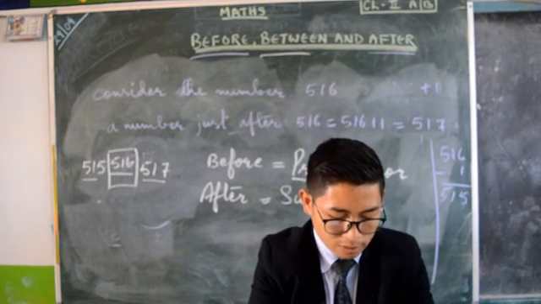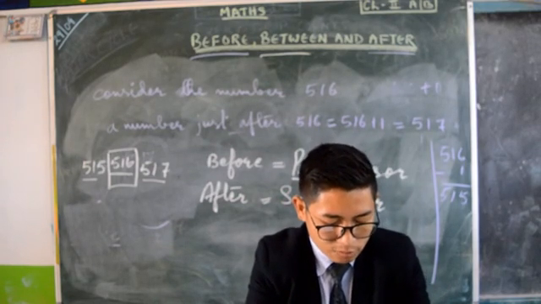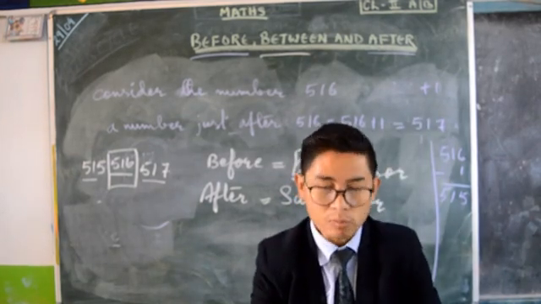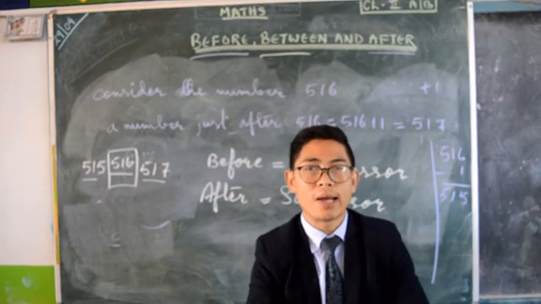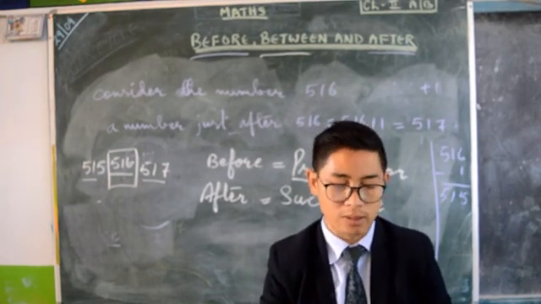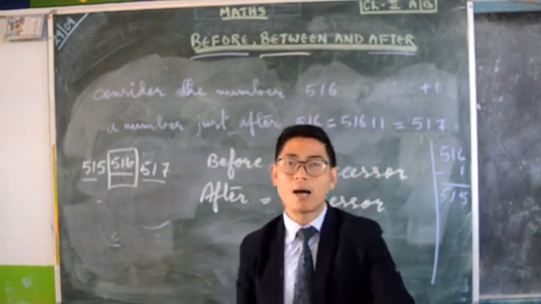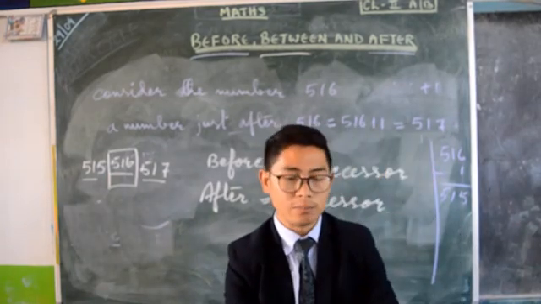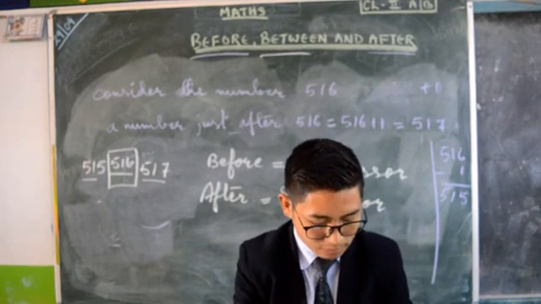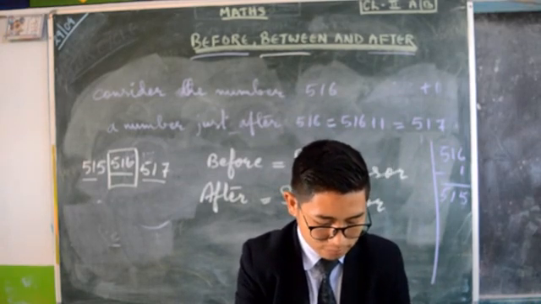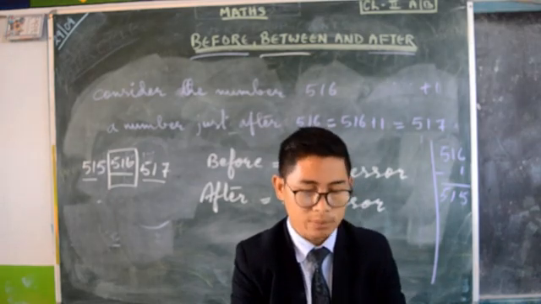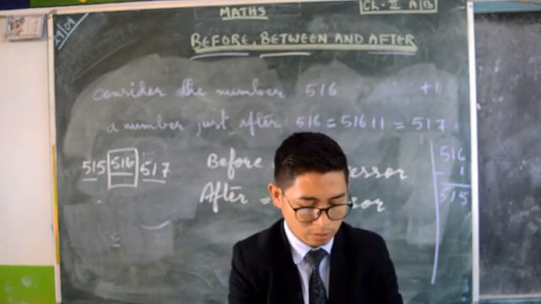So let's recall once again. To find out before, we simply subtract 1 from the given number, and to find out after, we simply add 1 to the given number. Please remember. So let's do some of the examples which are there in the book.